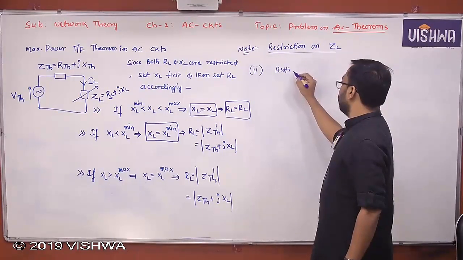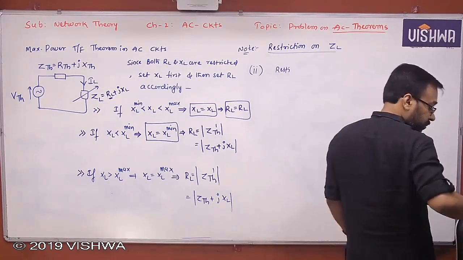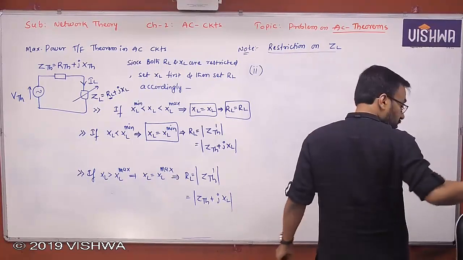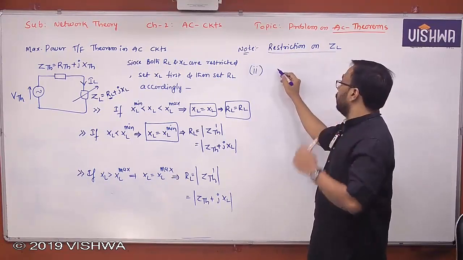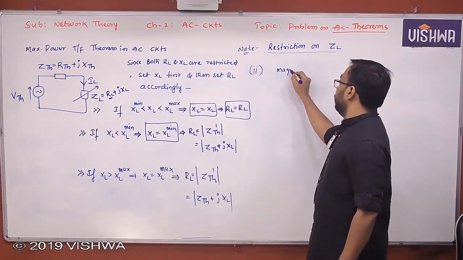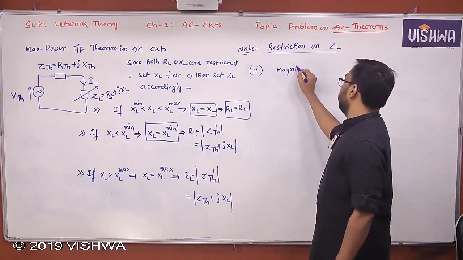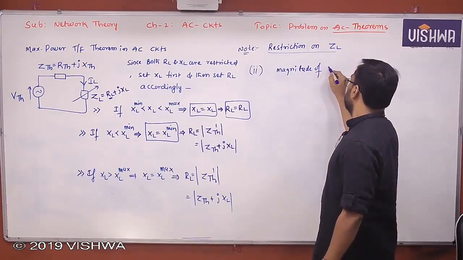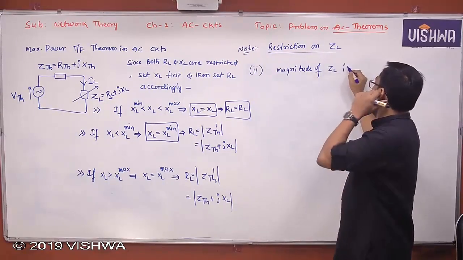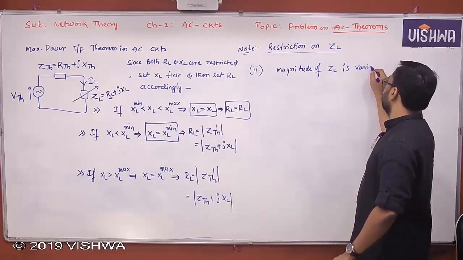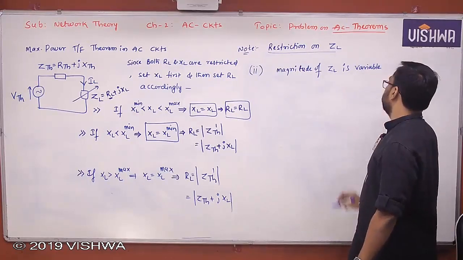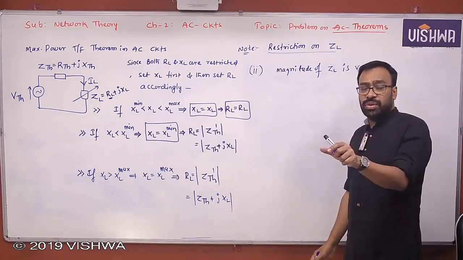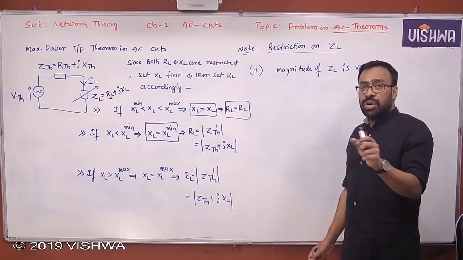The second restriction is: the magnitude of ZL is variable. Previous restrictions were that RL was variable only between two values, and XL was variable only between two values.